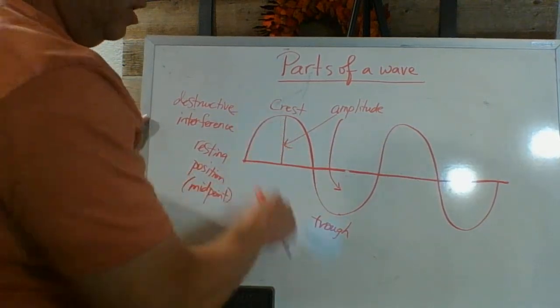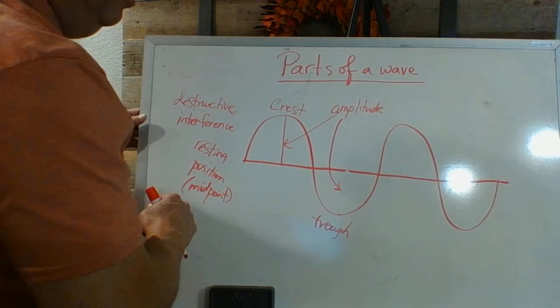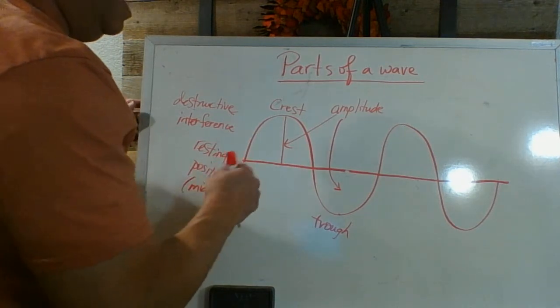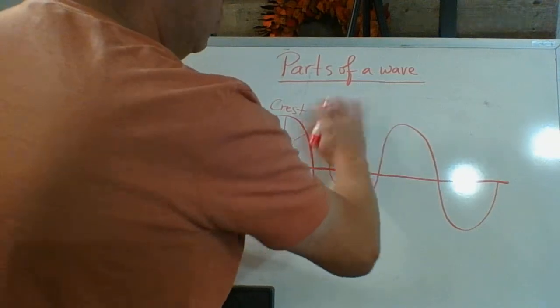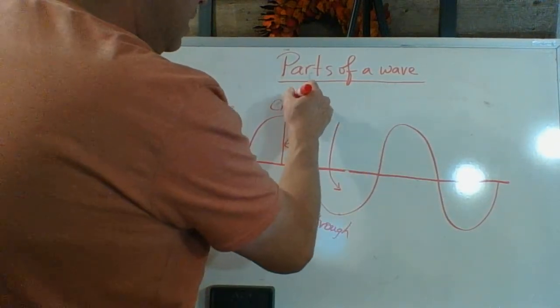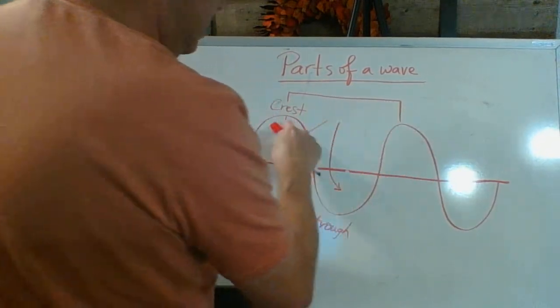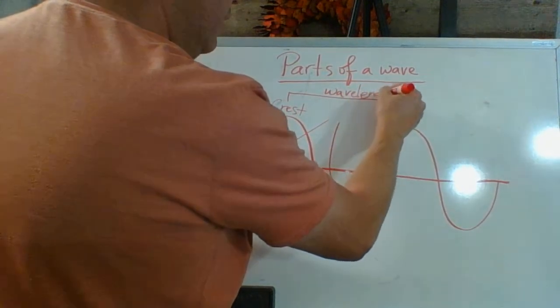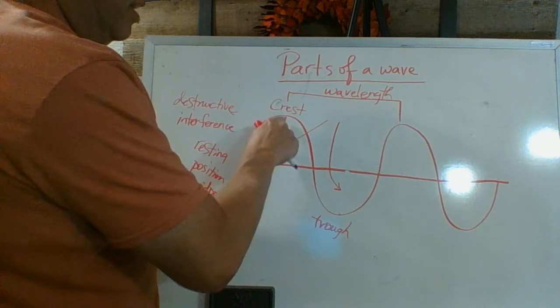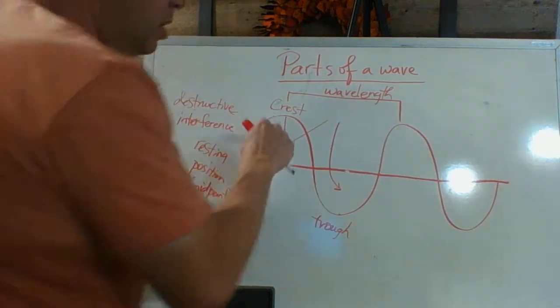So you're going to have your crest, your trough, your amplitude, okay? You're also going to have what we call the wavelength. Now I'm going to move this word here for a minute so you can see. A wavelength is the distance. So I'm going to write this in there. Wavelength. Wavelength is the distance between two waves. Now you're going to go from the same point.